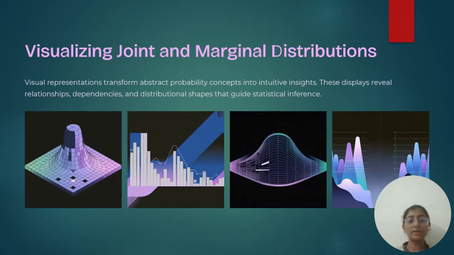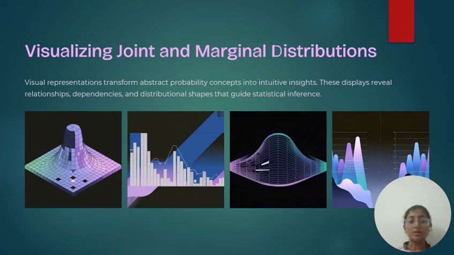In dependent cases, the plot may show peaks or valleys corresponding to correlated outcomes. Visual representations make abstract probability concepts concrete, helping identify relationships, independence, or clustering in data, critical for statistical inference and real-world applications.